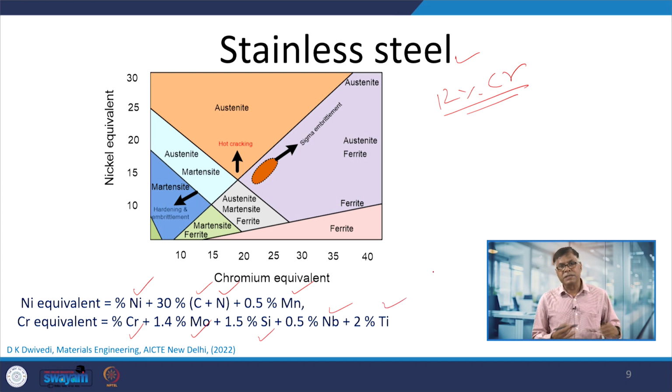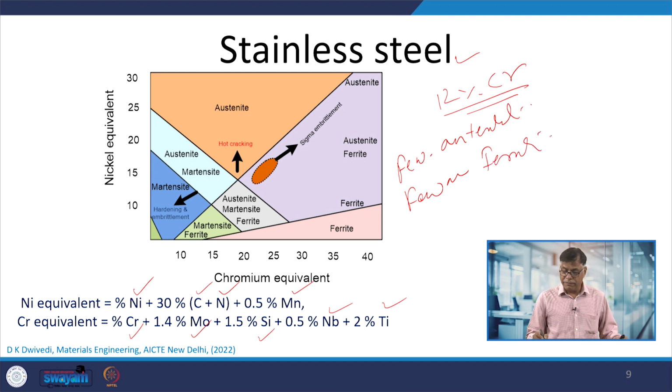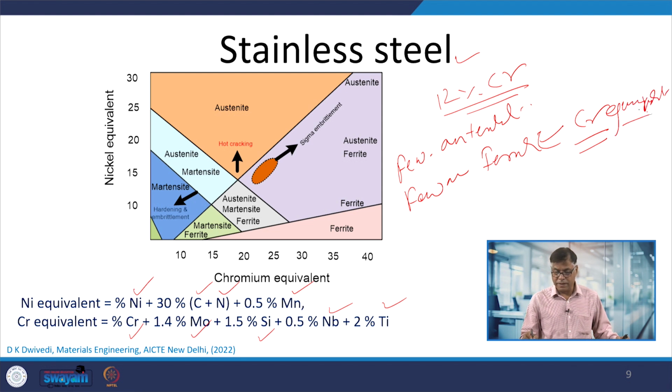Among these elements, a few are austenite stabilizers and a few are ferrite stabilizers. The effect of all alloying elements towards ferrite stabilization is seen in terms of the chromium equivalent, while the effect of all alloying elements towards austenite stabilization is seen in terms of the nickel equivalent.